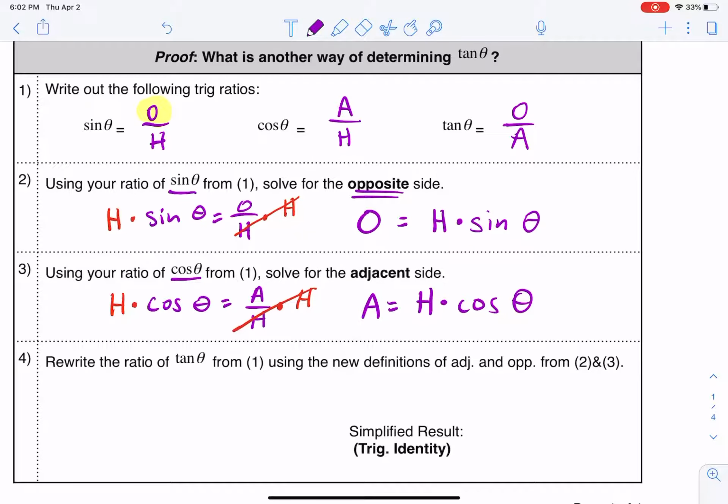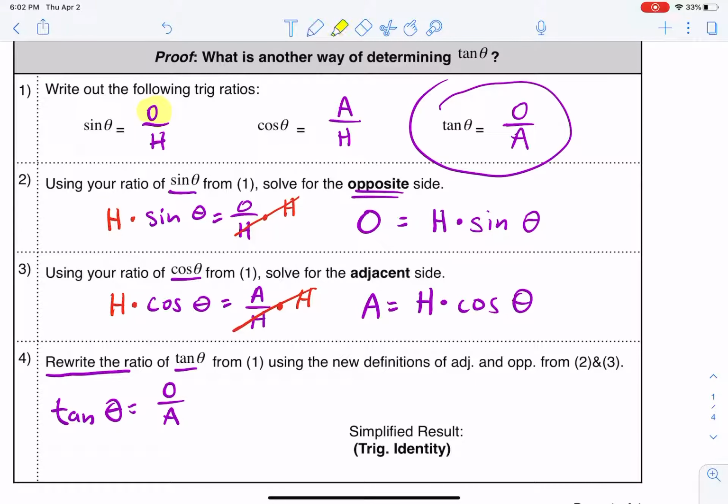All right, so finally we're told to rewrite the ratio of tangent of theta from the beginning, so from right here, using our new definitions of adjacent and opposite. All right, so tangent of theta we originally saw was opposite over adjacent. We're going to just substitute in what we solved opposite to be.